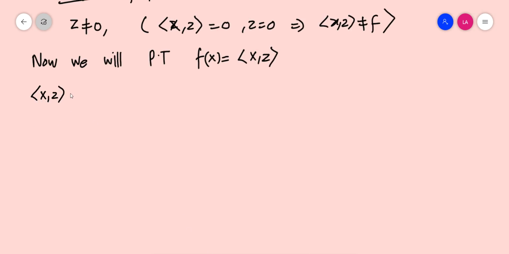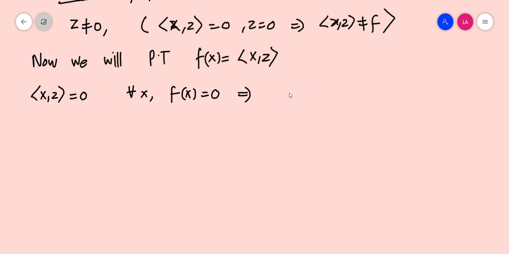So we consider inner product xz to be 0, and this is for all x such that f of x is equal to 0, because we need it to be equal.